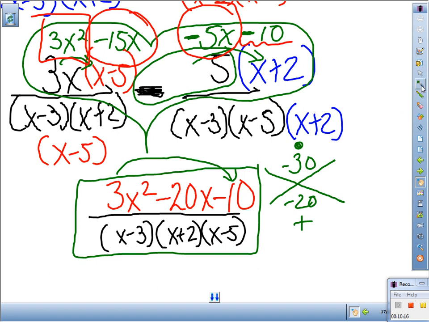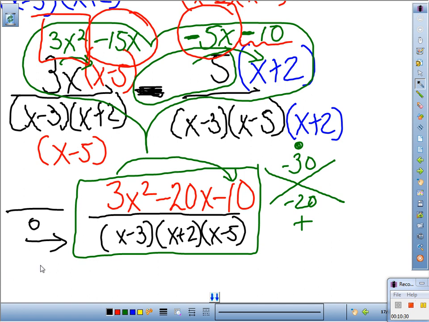Look up to the screen. It means identify any x values so that the denominator is 0. That's what undefined means. Or in other words, what do we need to look for?